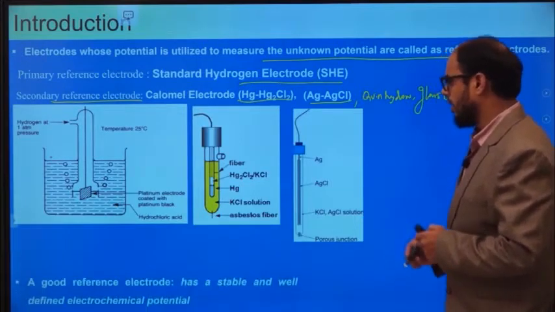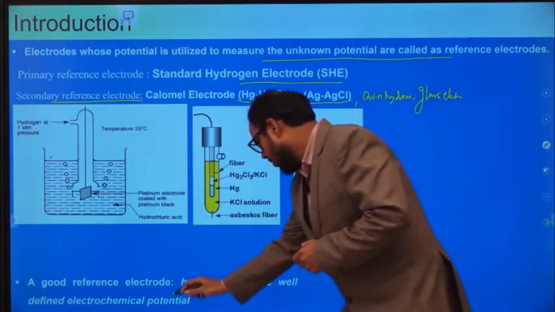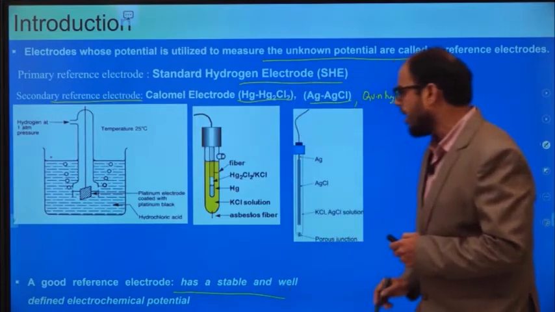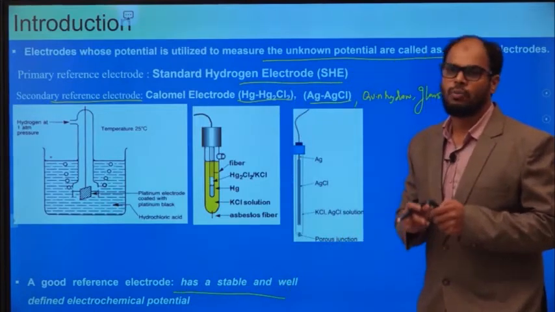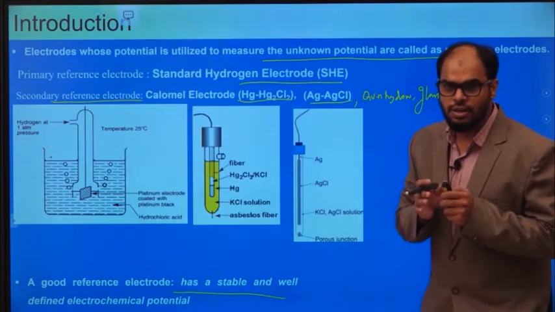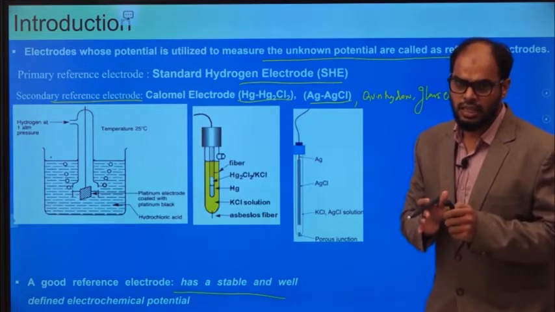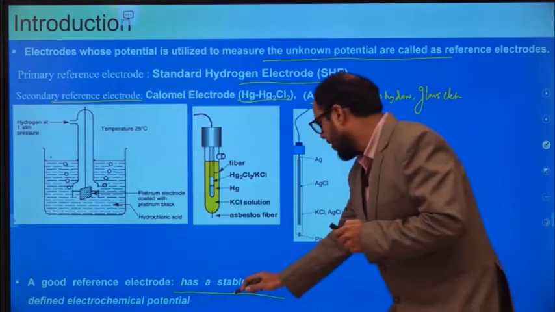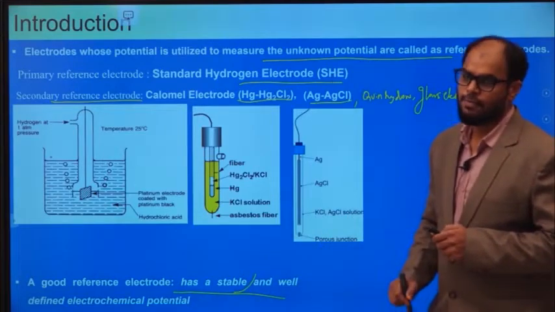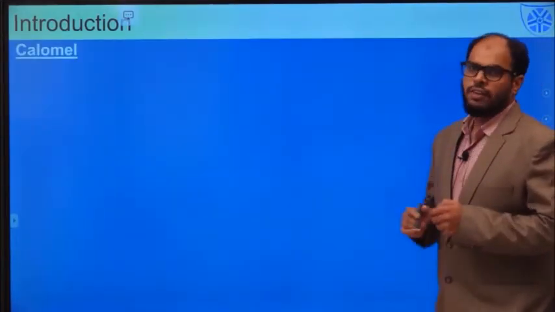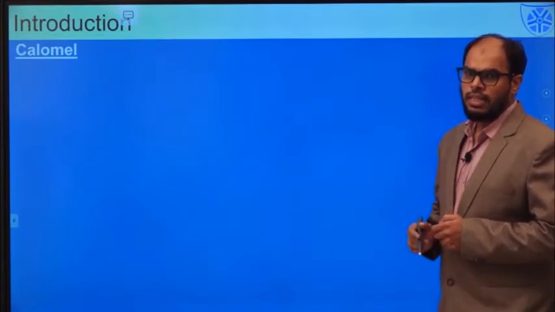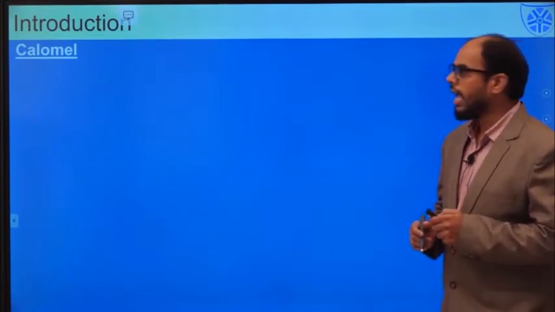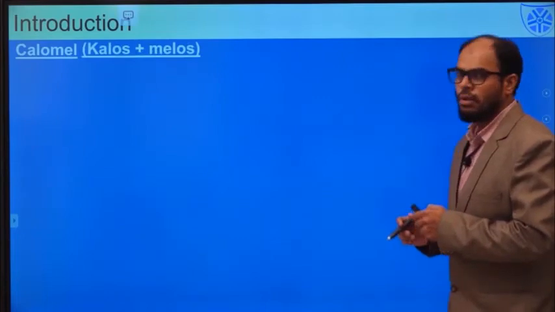We should also know that a good reference electrode should have a stable and a well-defined electrode potential. So let us try to see whether the SCE or the saturated Calomel electrode will qualify the following parameter. What is the meaning of Calomel? Calomel is derived from the Greek words kalos and melos.